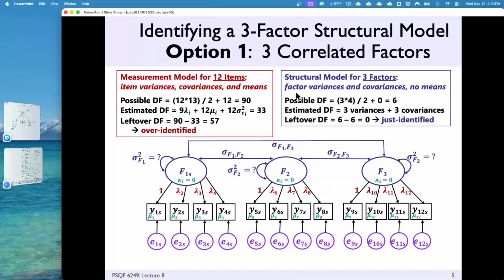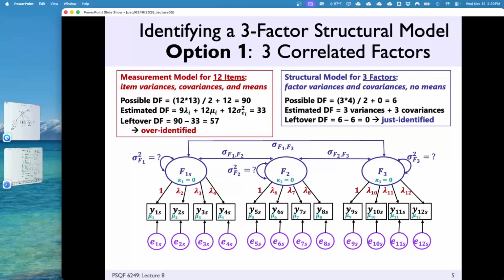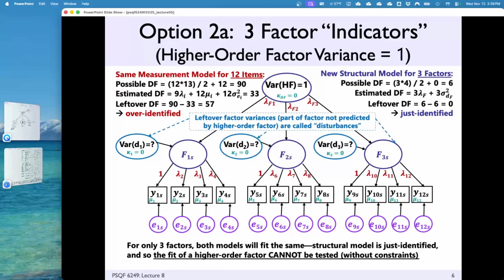So the difference between these two models is that actually they're equivalent. There are 6 possible parameters in the structural model of the correlated factors, not hierarchical, model. 6 parameters estimated means our degrees of freedom would be 0 if we just look at the correlation matrix of these 3. When we go here, again, we still have 6 possible parameters if we just look at the covariance or correlation matrix of the factors.